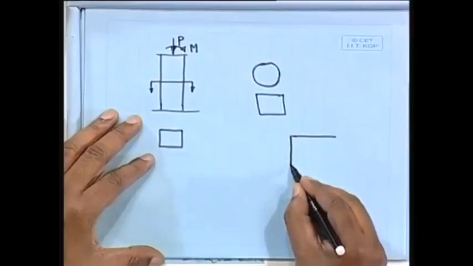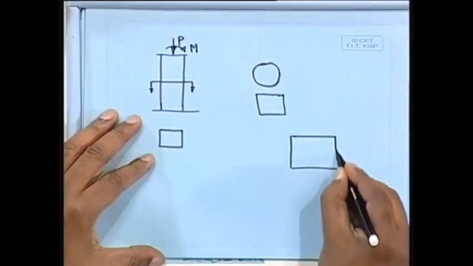Say Mx: moment about x, or moment about y but specified as Mx. Depending on the situation, you may be talking about moment this way, so this convention should be followed and mentioned.